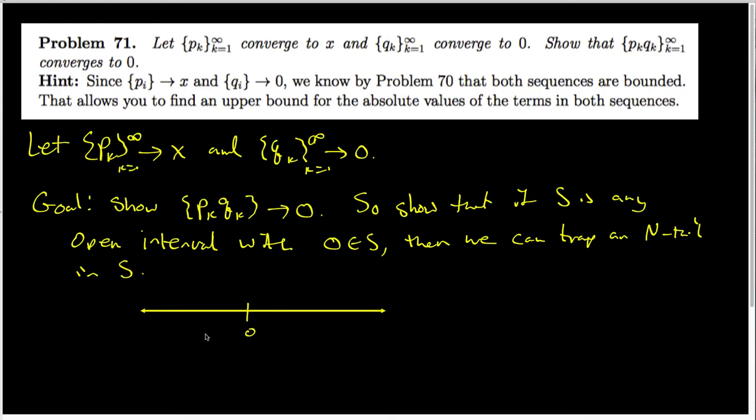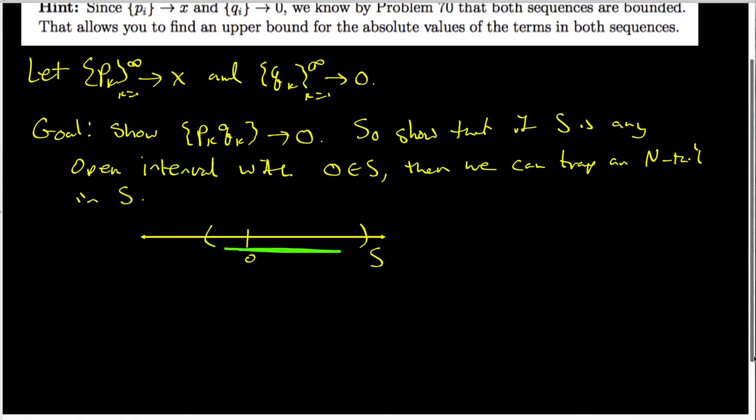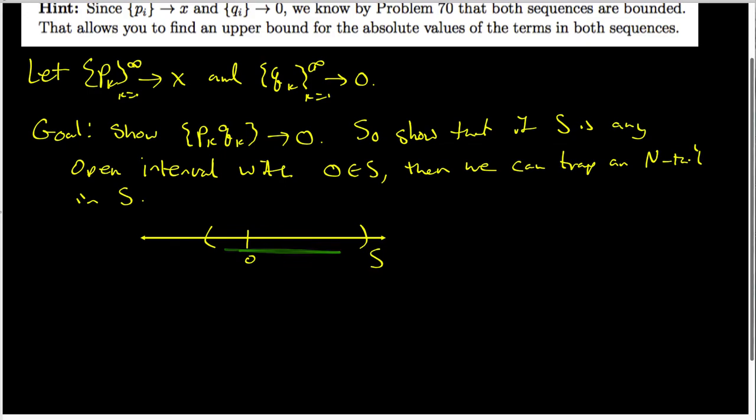So here is 0, here is an open interval S, and I need to trap the entail inside this open interval. Now, in order to do that, I'm first of all going to pick a more controlled number.